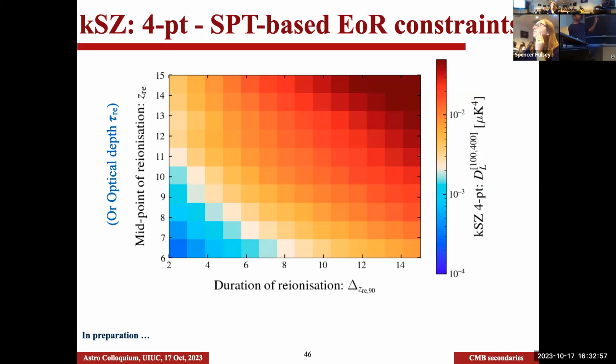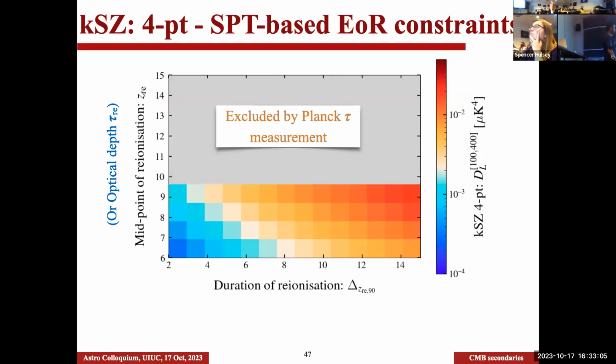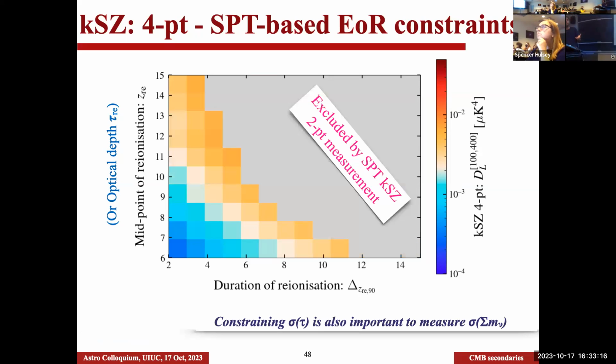But we don't need to explore this entire space because we already have constraints from Planck. If we take Planck's constraint, that basically excludes that top region. So when we include Planck data, we're going to get better results. We can also take previous SPT measurement from the KZ power spectrum, and we can also exclude that region.